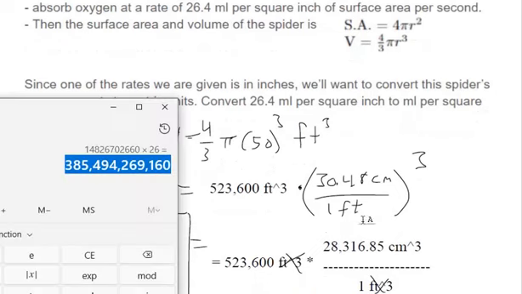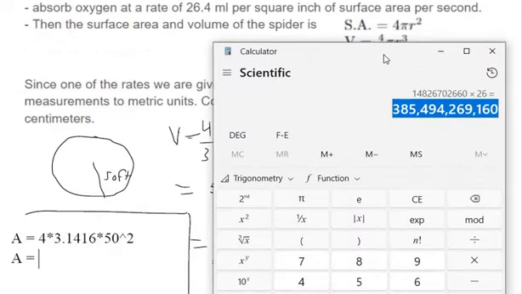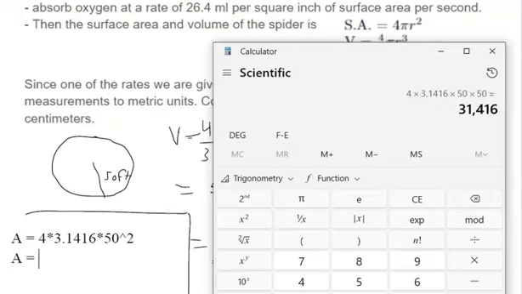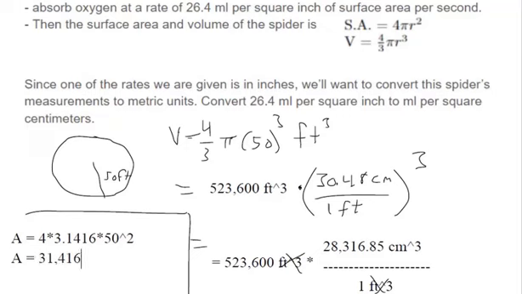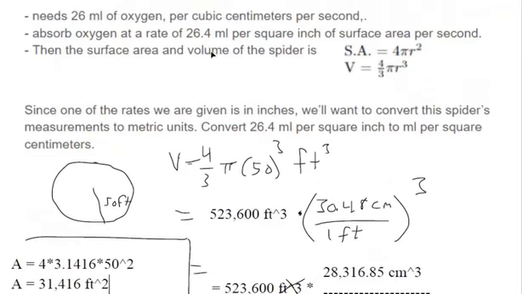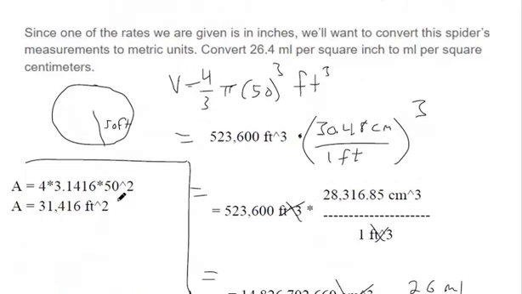I want to remember our units there at the end. 4 times 3.14 times 50 times 50. So that's 31,416 feet squared. And this time they want us to calculate per square inch. It absorbs 26.4 milliliters per square inch. So we can convert this to square inches.